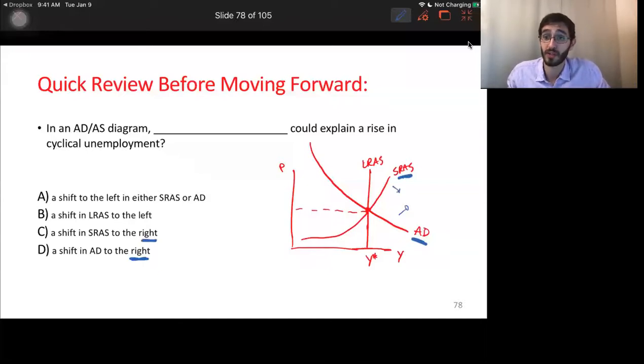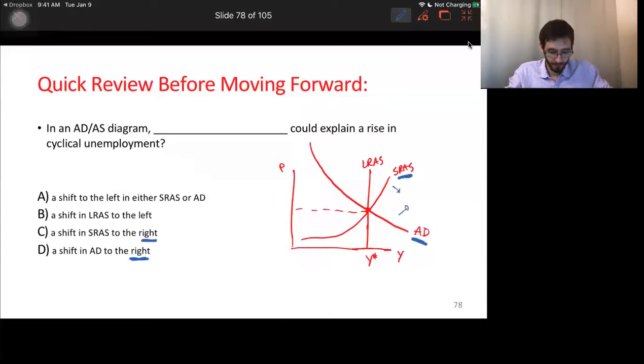That's a great way to see if you're understanding how to do those shifts, okay? That would lead us to have a positive GDP gap. And if we're trying to produce more, we're going to need more workers. So it's easier to see that the unemployment rate would not increase. It would actually go down, given that we are getting to those higher levels of production.